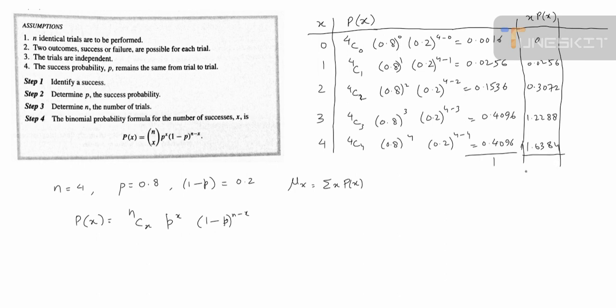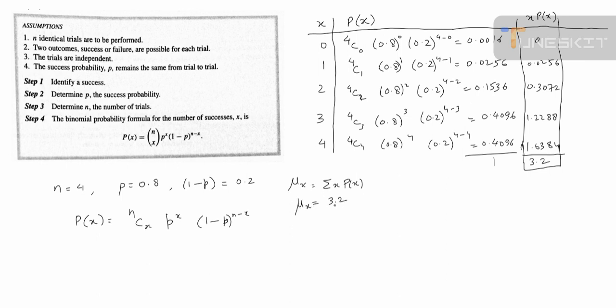So 1.6384 plus 1.2288 plus 0.3072 plus 0.0256 would give you the mean value as 3.2. So that's the answer to the mean value.